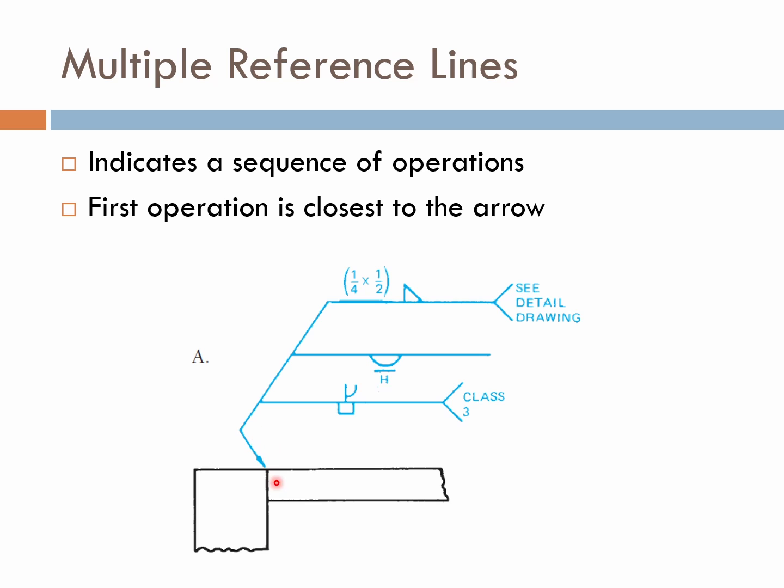So it's basically being done to this part right here. Okay, so we've got a backing, a spacer, a J weld, a back weld, hammered flat. Then you have a fillet weld, 1/4 by 1/2 fillet weld on the other side.